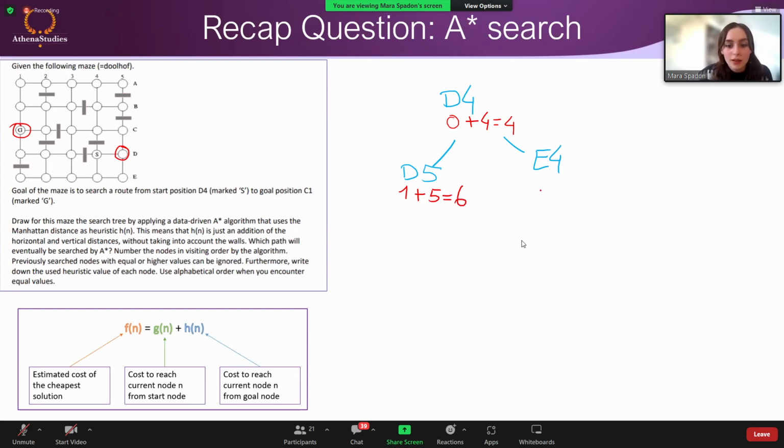And for E4? The same. Great. So we have the values 6 and 6, basically the same. It says to use alphabetical order, so which one would we choose out of these two? D. Exactly.